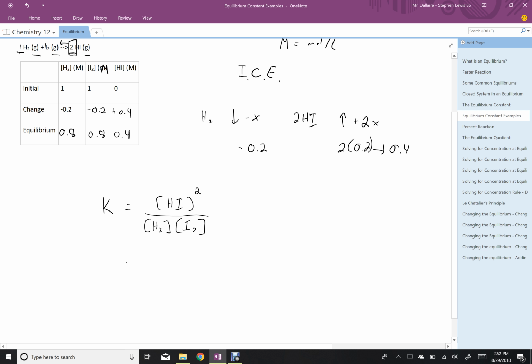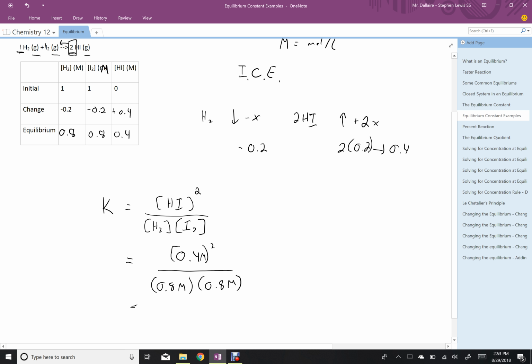And now, to get a value for K, for this equilibrium constant, we can use the actual given values. We should put our units in here because depending on the type of reaction, we will end up with different units for K. In this particular reaction, we have the same number of concentrations on the top as we have on the bottom, so all the molarities are going to cancel out.